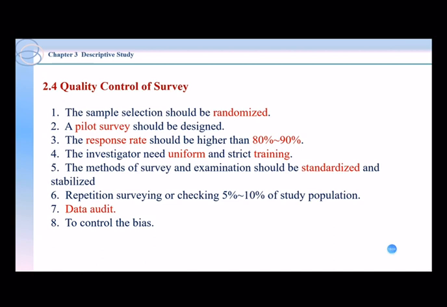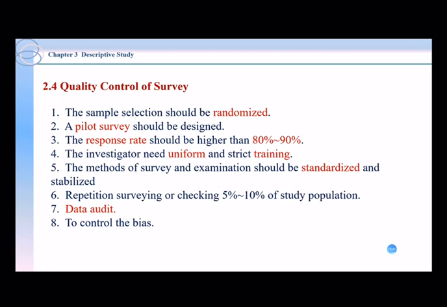As we need to use many investigators during the data collection, it's very important to train them in a uniform manner, so every study participant can be interviewed in a similar way, in order to reduce information bias. And the methods of survey and examination should be standardized and specialized.